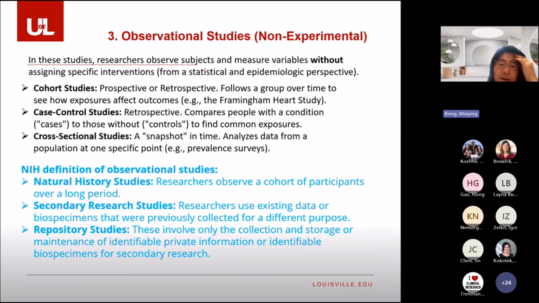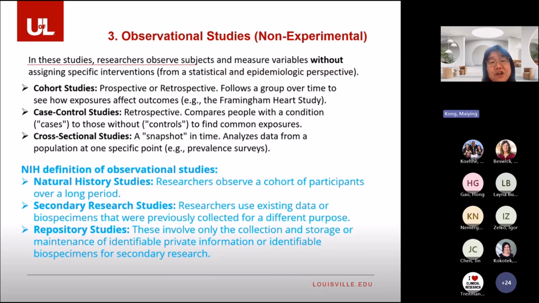A cohort study could be prospective or retrospective, following a group over time to see how exposure affects outcome. A case control study is retrospective, comparing people with the condition, the cases, to those without the condition to find the association between common exposure and the disease. A cross-sectional study is a snapshot in time, analyzing data from a population at one specific point.